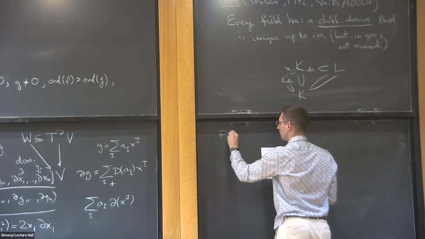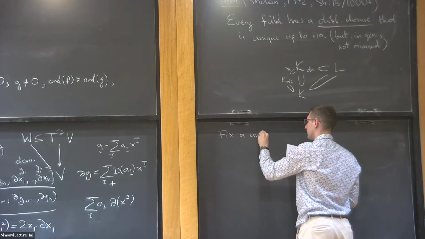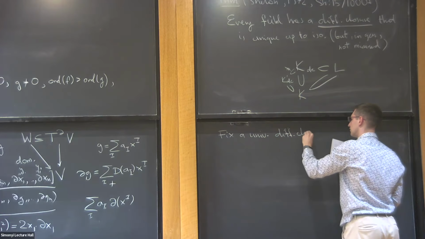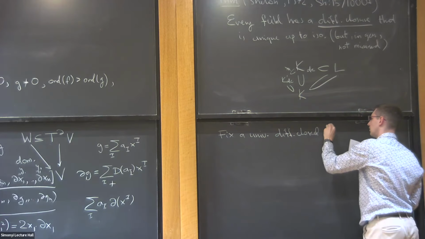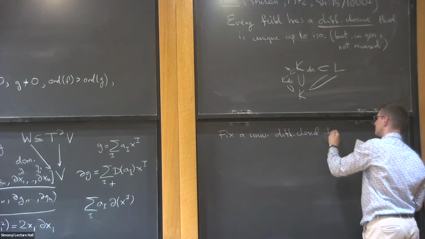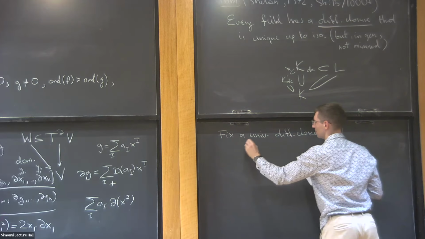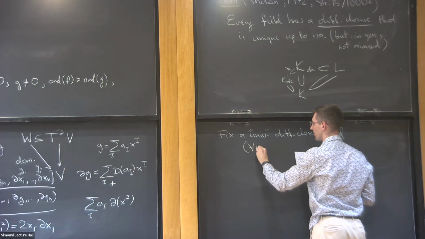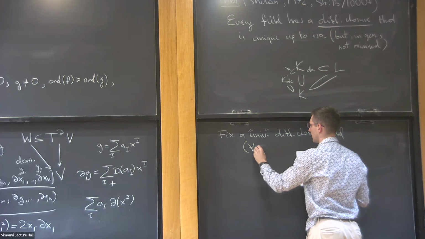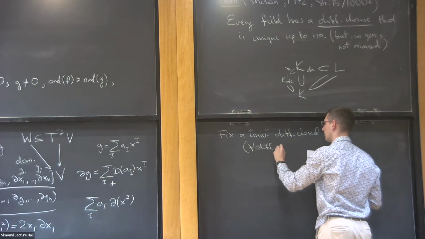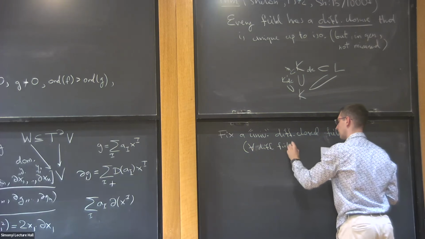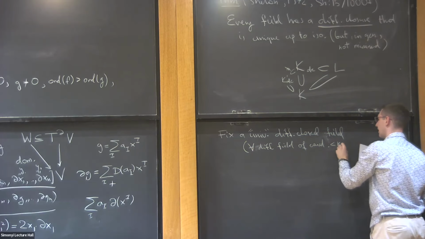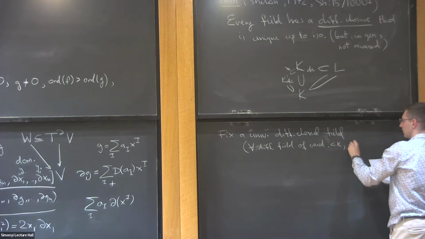So fix a universal differentially closed field. There exists a universal differentially closed field. I mean, okay, it's universal maybe in the sense that for every kappa, every differential field of cardinality smaller than kappa, you can find it there.